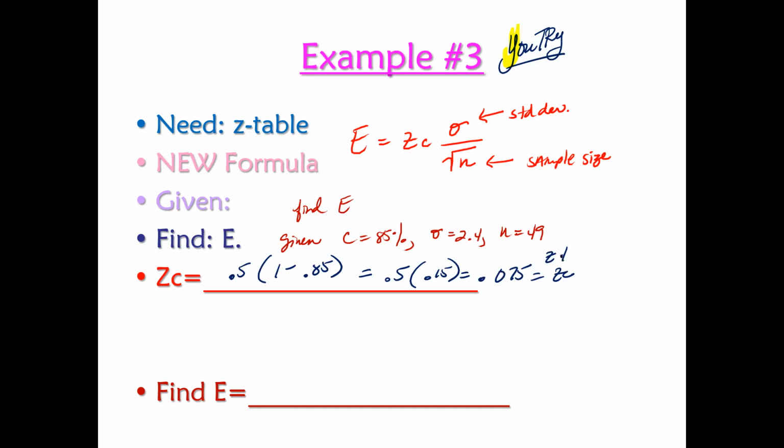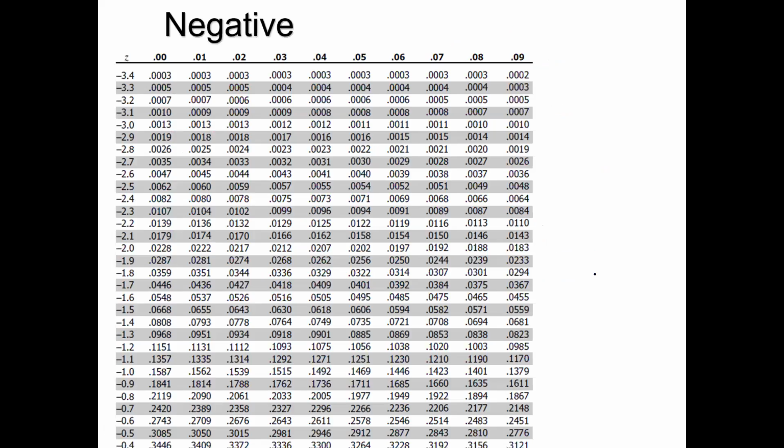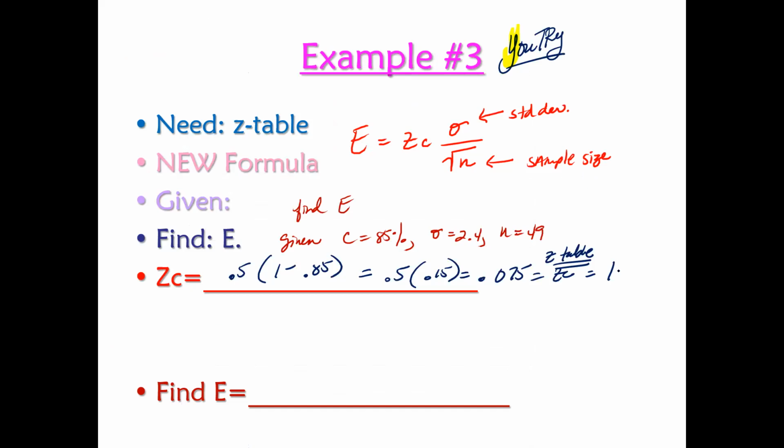But you need to look that up on the Z table to find that. 0.075 is going to be right over here. It's very close to this one here. So that's going to be 1.44. So my ZC is always going to be positive, remember, 1.44. So 1.44, that's my first answer.